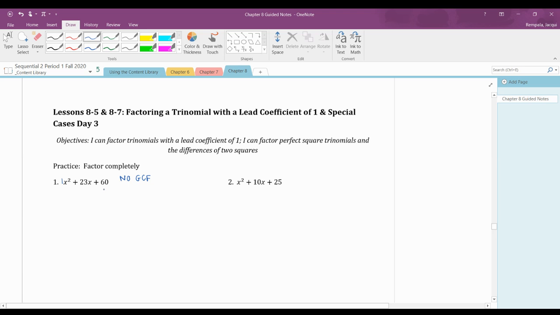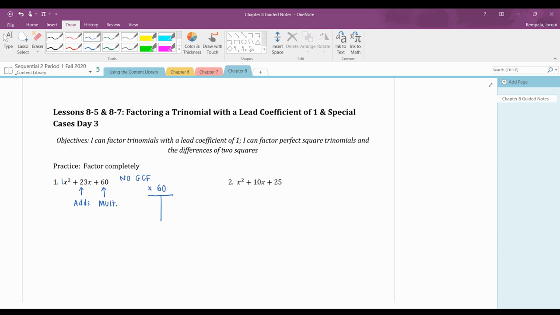So that means we can follow the pattern of what multiplies to the last number but adds to the number in the middle. I'm going to make a table. I need it to multiply to positive 60, and it needs to add to positive 23.